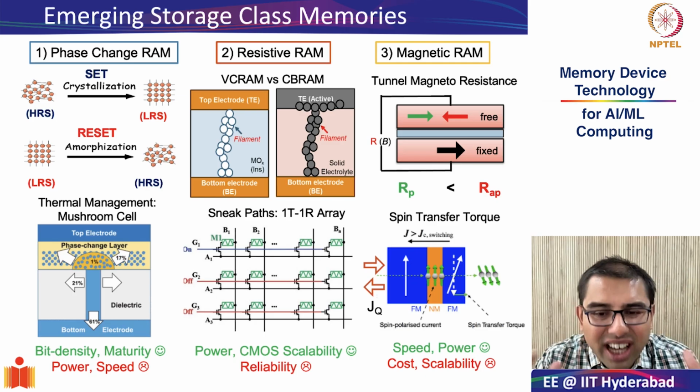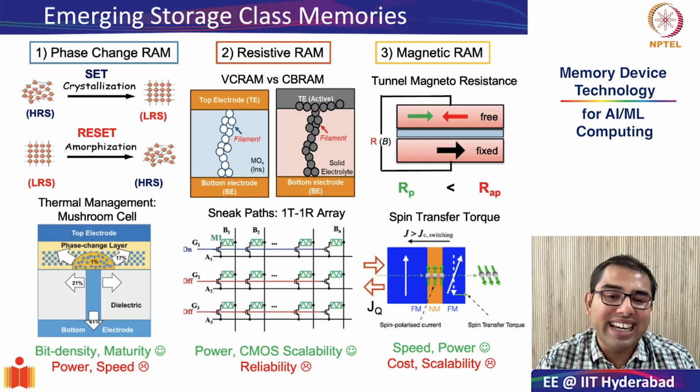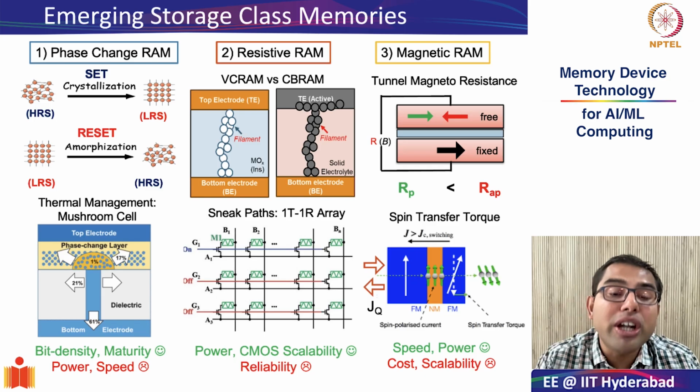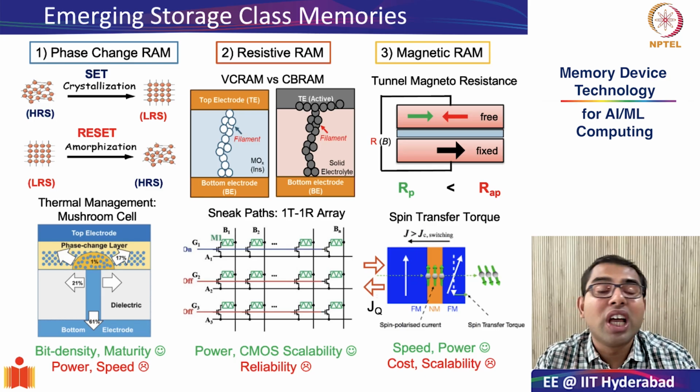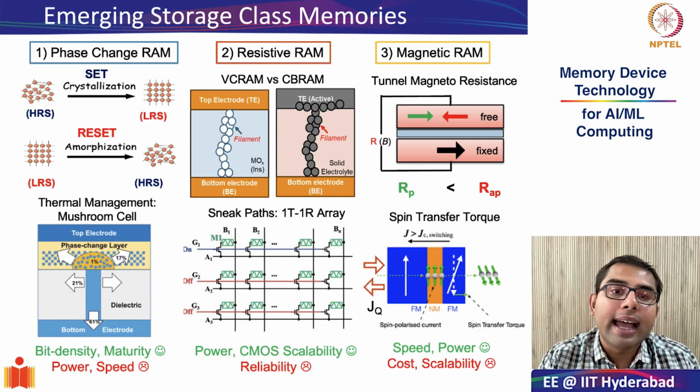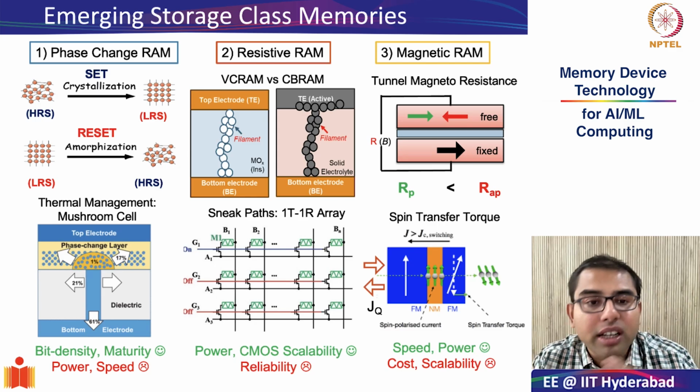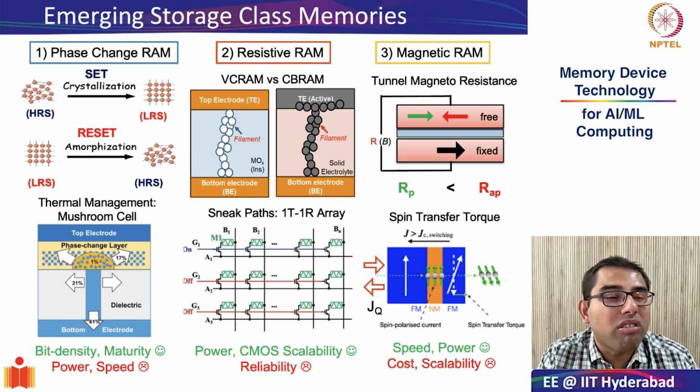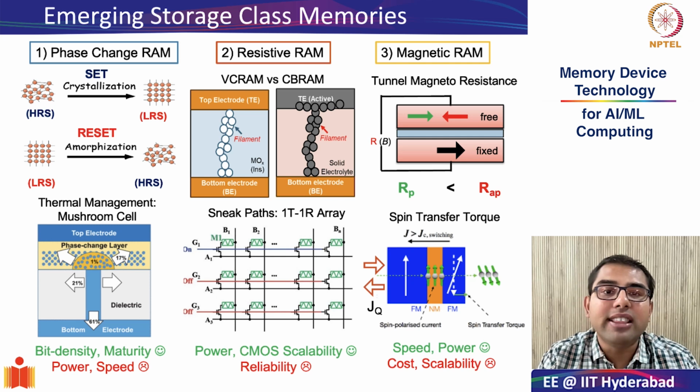So the idea is we are yet to find what is the ultimate universal memory in this storage class space, because each of these memories has some active trade-offs, and this is what remains to be seen in this field and an opportunity for future exploration.